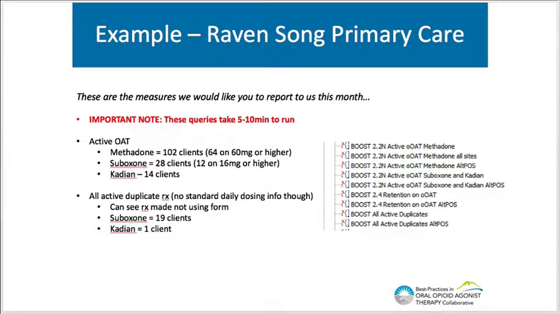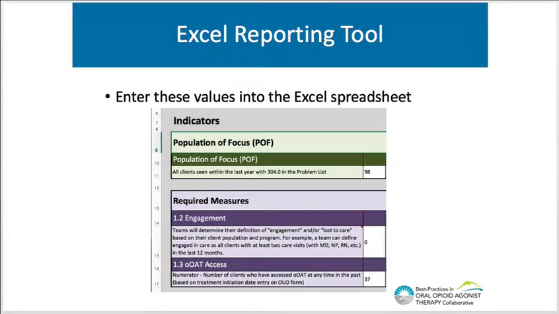So we see that 19 clients have active prescriptions for Suboxone at Ravensong that were not made using the form. Hopefully this will go down over the next month or two as we move towards 100% form usage, and we only had one client with Cadian for OAT that was created not using the OUD form.